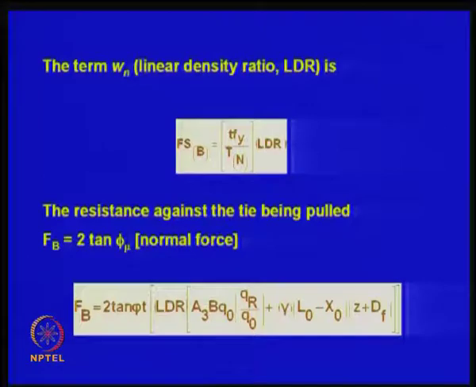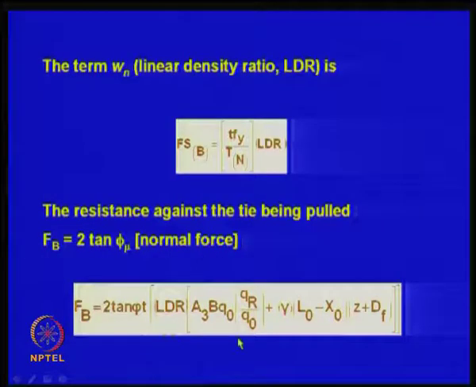Say in 1 meter, 10 plus 10, 20 will be the area occupied, and 20 plus 20 divided by 100 will give you the LDR, the linear density ratio. Once you calculate that, you get TFY into LDR, or LDR into TFY; it is essentially the same thing. The next step is that the reinforcement should not get pulled out. That is very important.